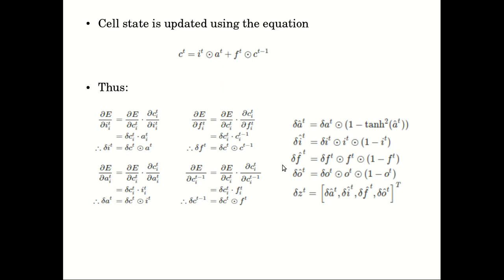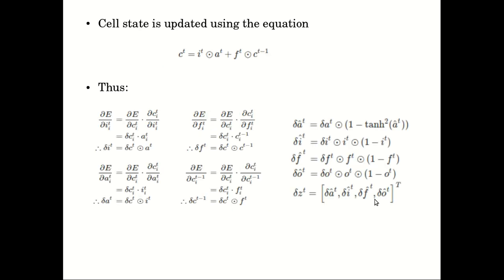Now we have the gradients corresponding to all 4 of these outputs, and we had earlier defined z_t as a vector of these 4 components a_t, i_t, f_t and o_t. So the gradient of z_t will be a vector of these gradients.